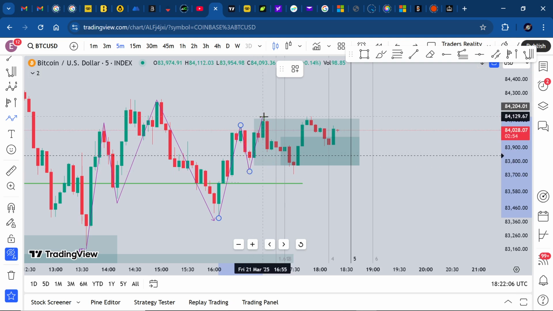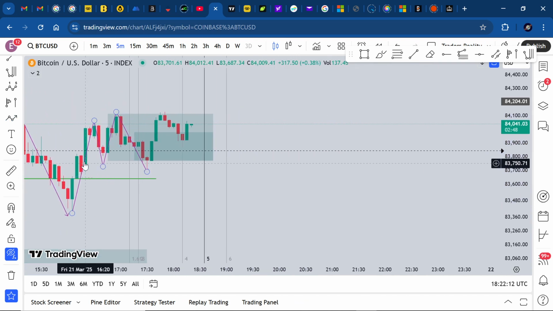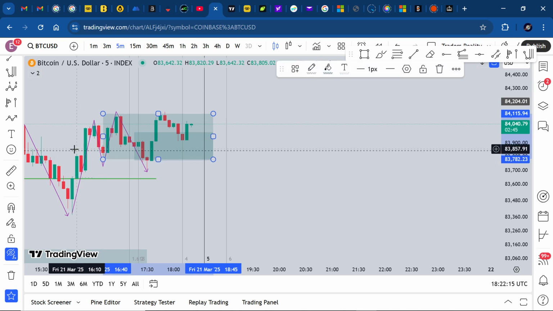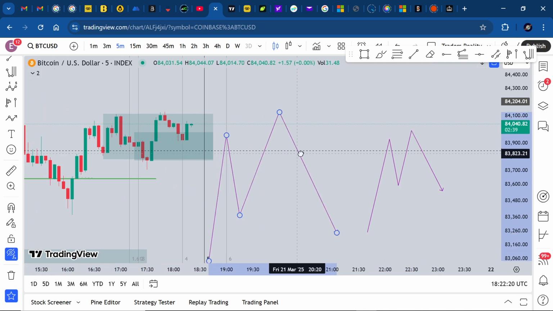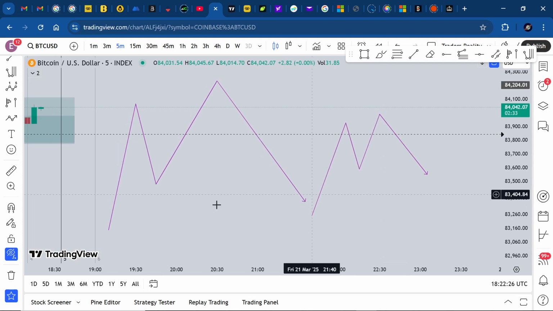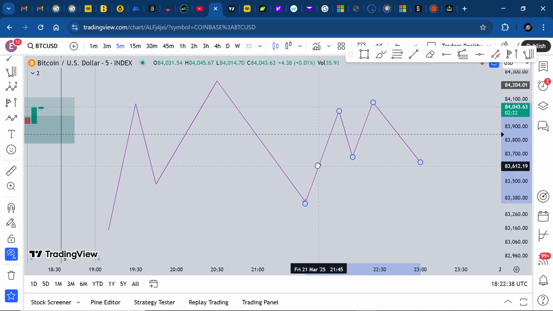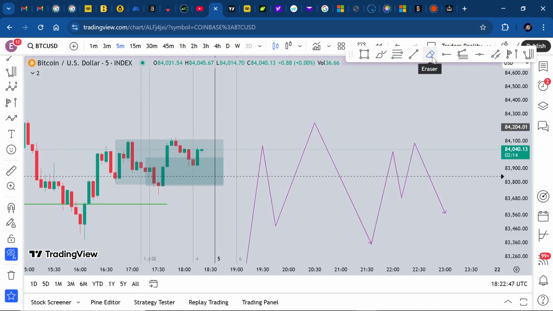Then A, B, C, and the 2, okay? I just drag these drawings to the side. And they look like the same thing, right? This is a lower degree 1 in my view. That's a 1, 2 on a big scale. After we got that, we got another 1, 2 on the smaller degree. So I'm awaiting a 3 soon.